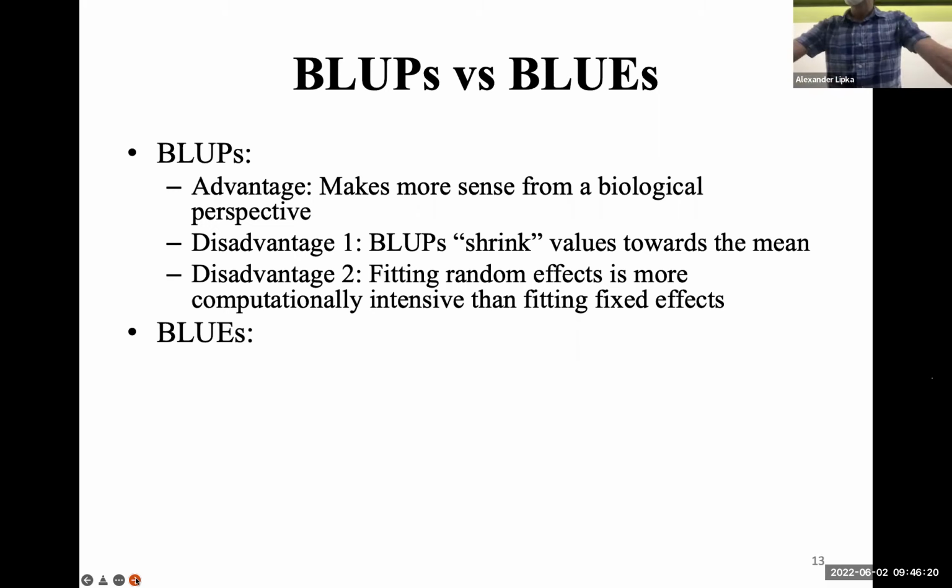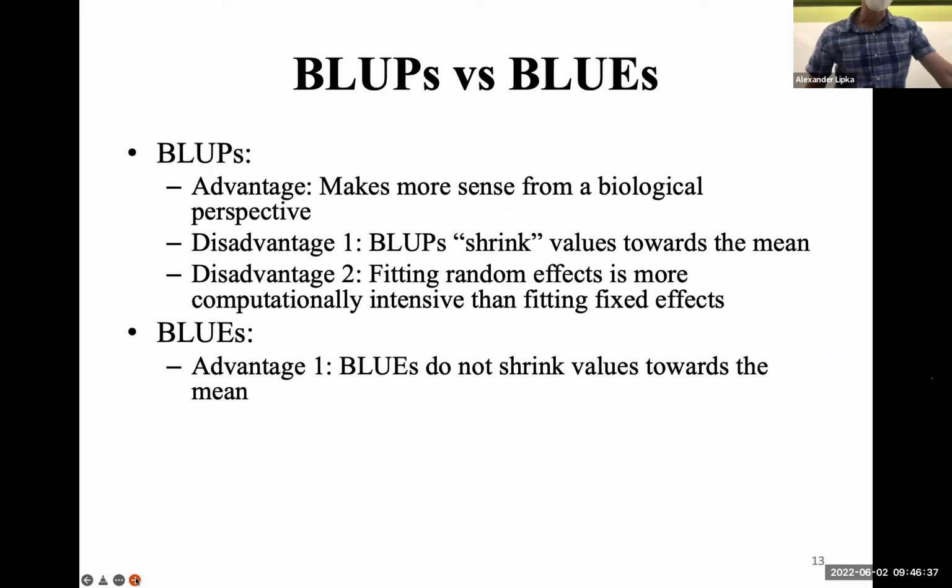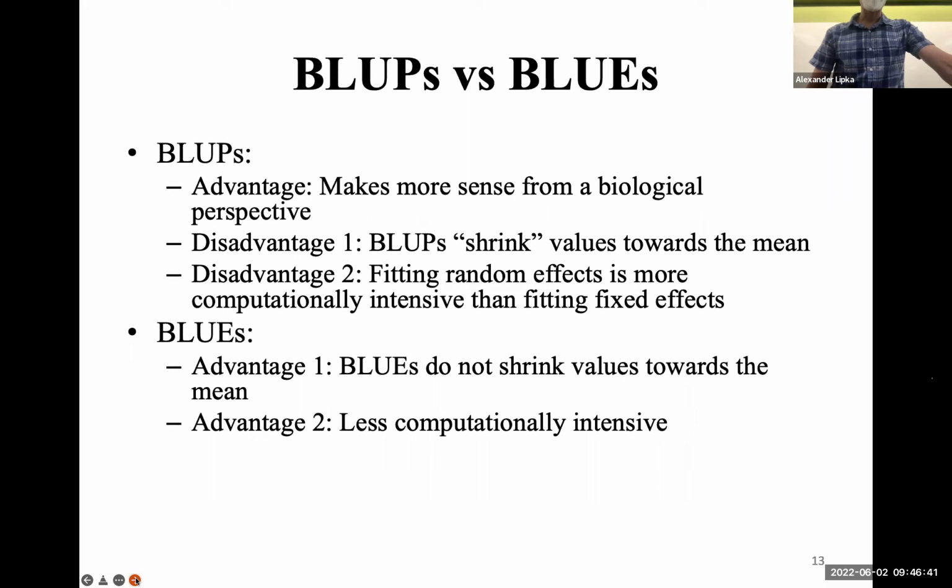Yes, and just to go back to what you said for traits with low variability, BLUPs could be 0 for traits with low variability. So an advantage of BLUs is that they do not shrink the values towards the mean. They are less computationally intensive.